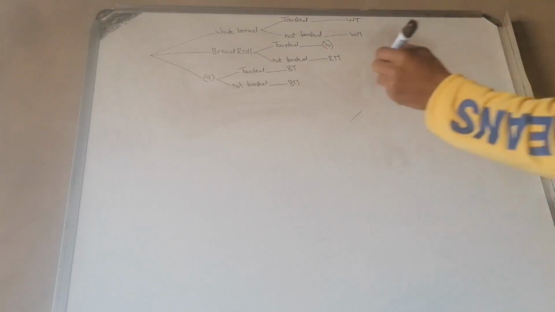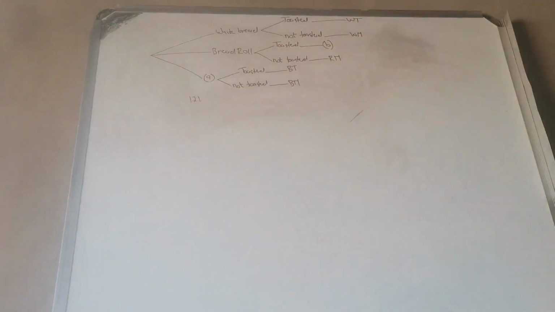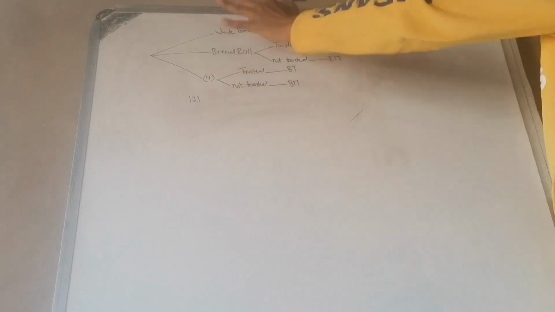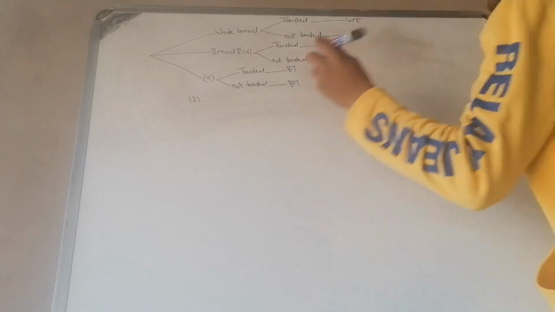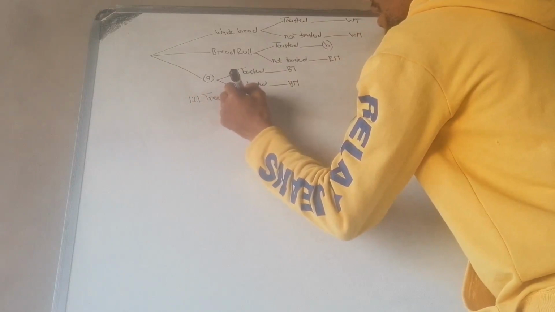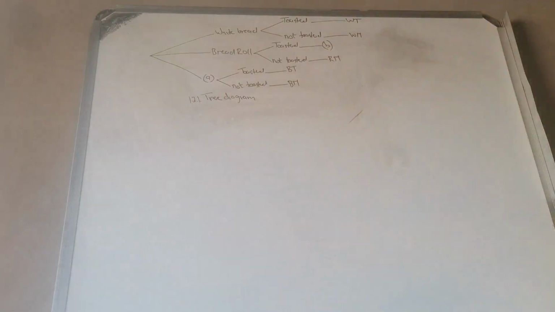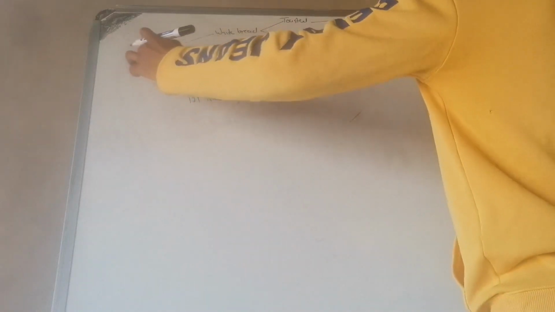In 1.2.1, they say, name the type of the diagram illustrated above. What is this type of diagram? It's what we call a tree diagram. You can say this is a full tree.